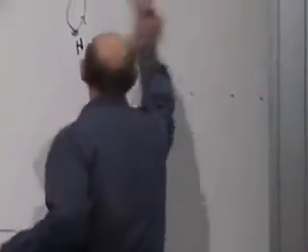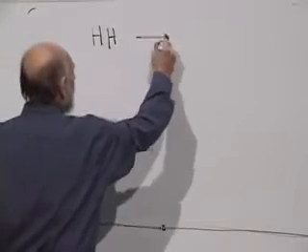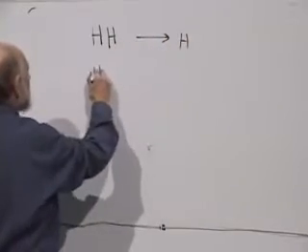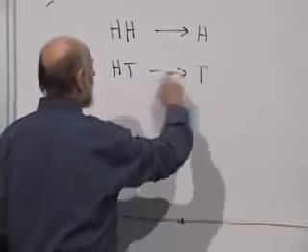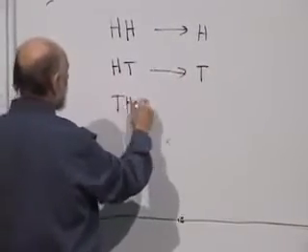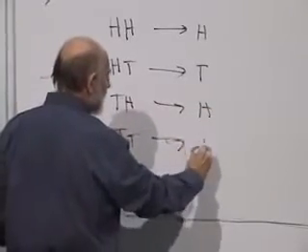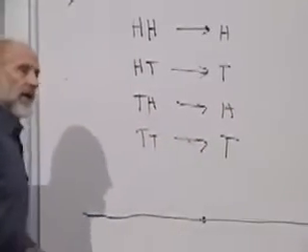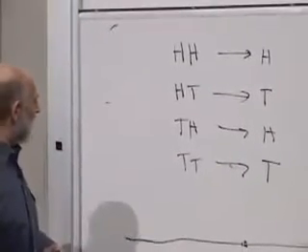All right, let's make up a law. Heads, heads goes to heads. Heads, tails goes to what? Tails. Tails, heads goes to heads, and tails, tails goes to tails. Is there something wrong with that?